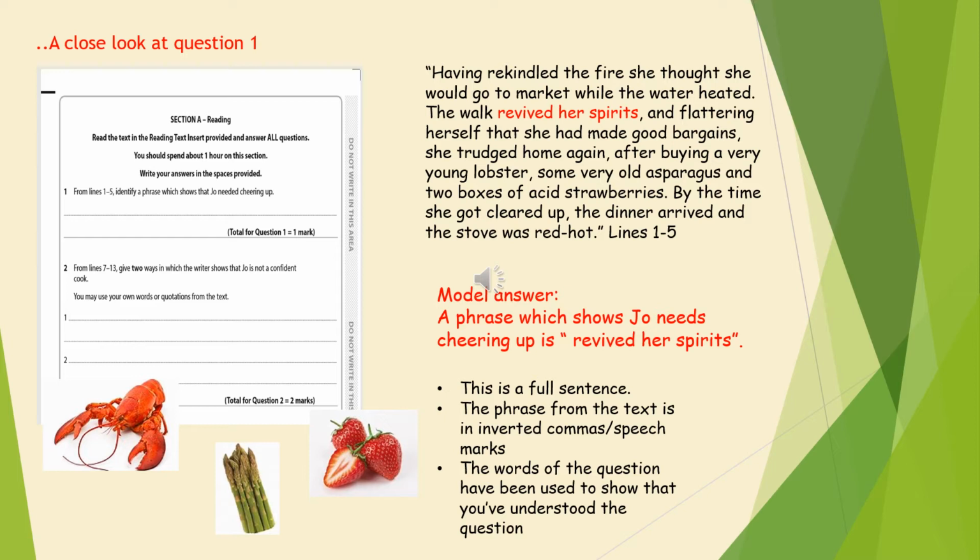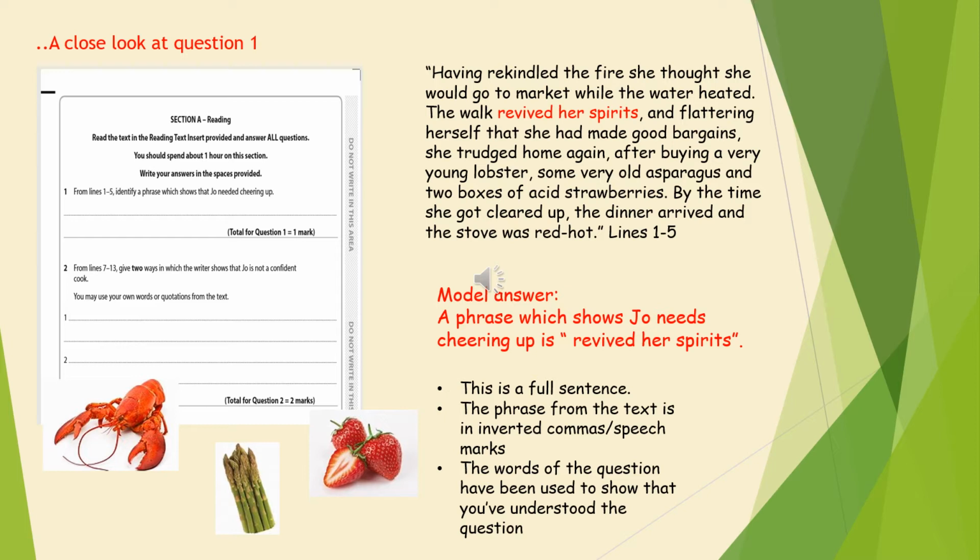Now if you notice, it doesn't actually say she needed cheering up, so you have to find a phrase or a sentence that implies this, which means you're reading between the lines to some extent to extract the implied meaning. I put it in red. The walk revived her spirits. Revived there meaning it made her feel better, which suggests that she needed cheering up.